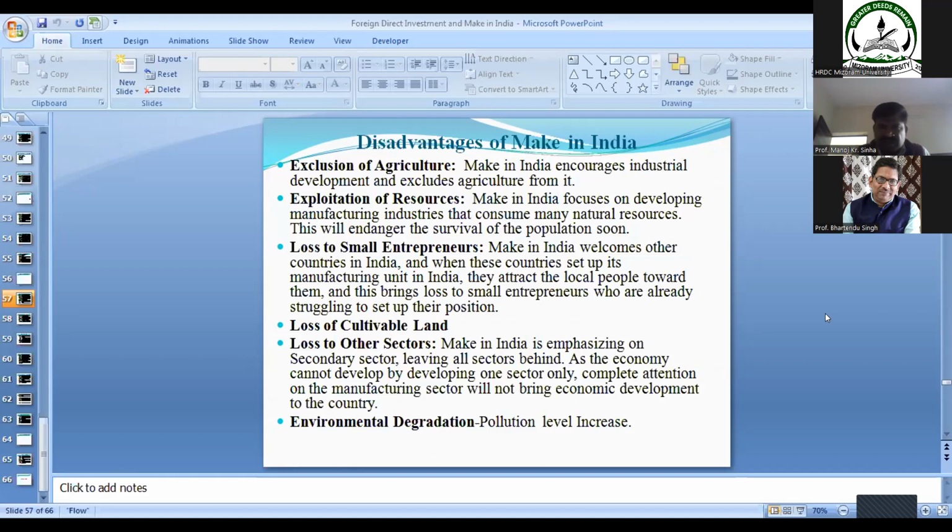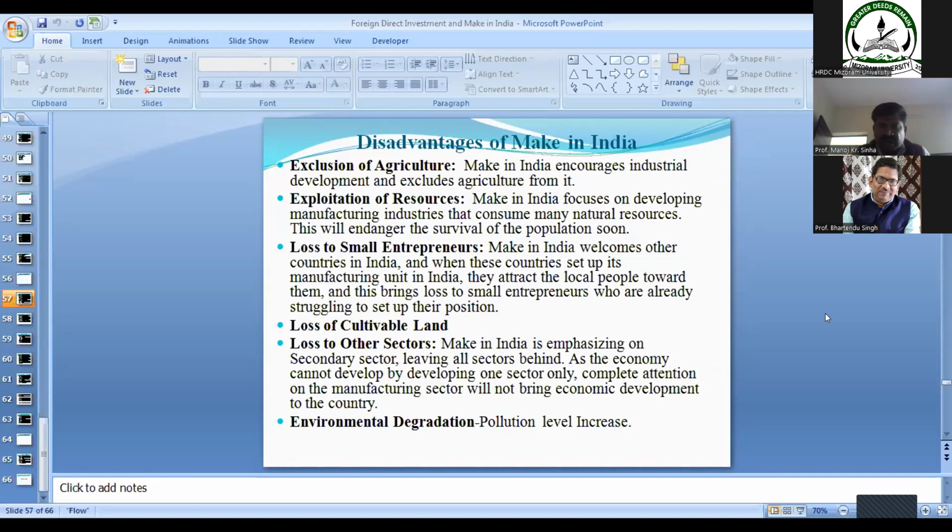Loss of cultivable land: we have limited land for cultivation. Loss to other sectors: Make in India mainly focuses on the secondary sector, manufacturing, and with little attention elsewhere we will compromise on other sectors such as the primary and tertiary sectors.